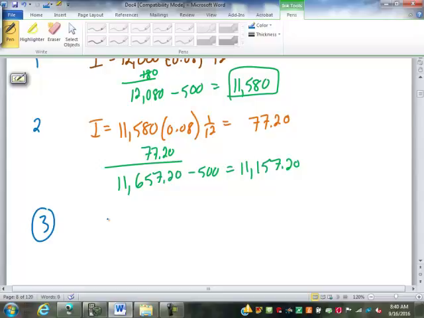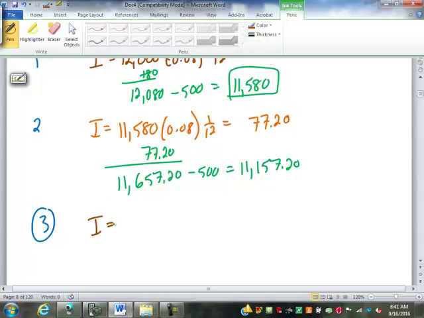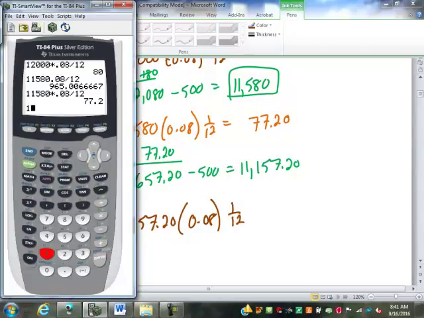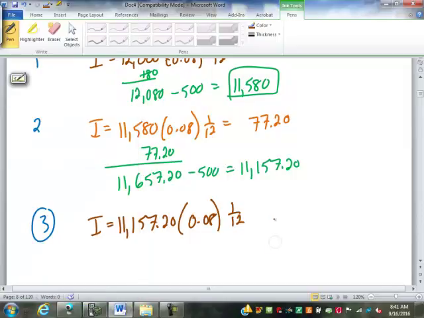Third month now, you've got to find your interest. It's going to be 11,157.20 times 0.08 times 1/12. $74.38.